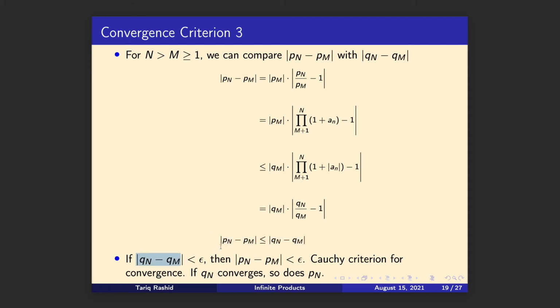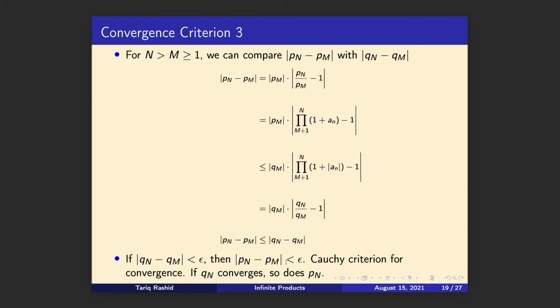If Qn minus Qm, the one with the absolute value, is always less than an epsilon, no matter how small that is, then because that's less than or equal to the analogous Pn minus Pm, the magnitude of that will also be less than that small epsilon. What that's saying is that if the sequence Qn converges, then so does the sequence Pn.